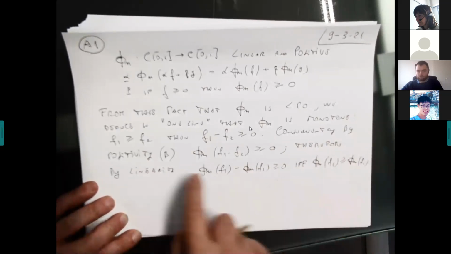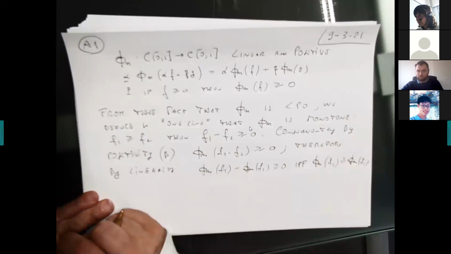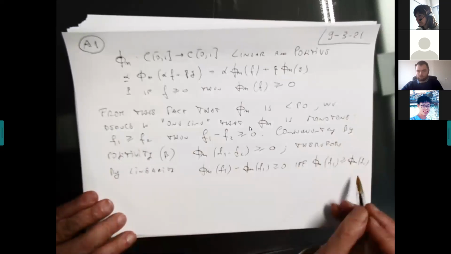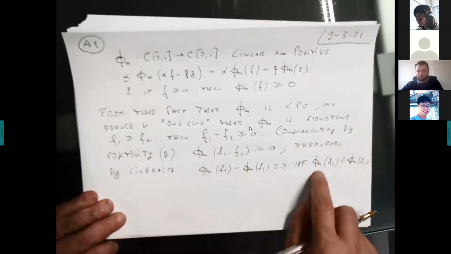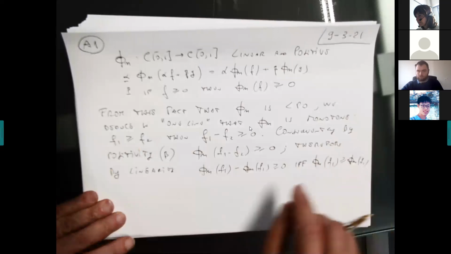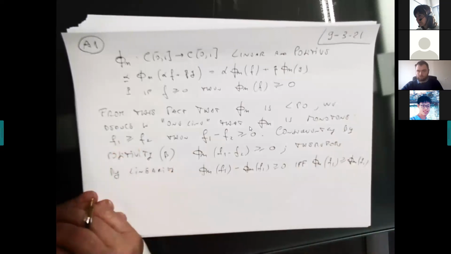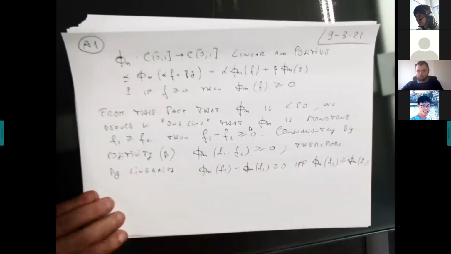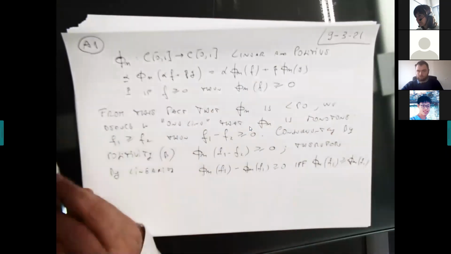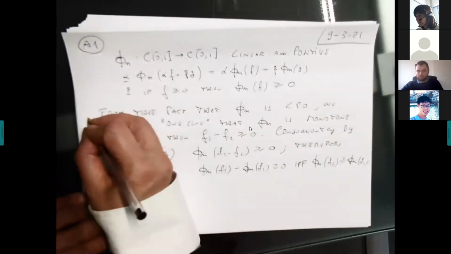So we have an ordering on the initial domain. We find the same ordering in the images. So phi n of f1 is larger than phi n of f2 if f1 is larger than f2. This is a kind of direct consequence of linearity and positivity.